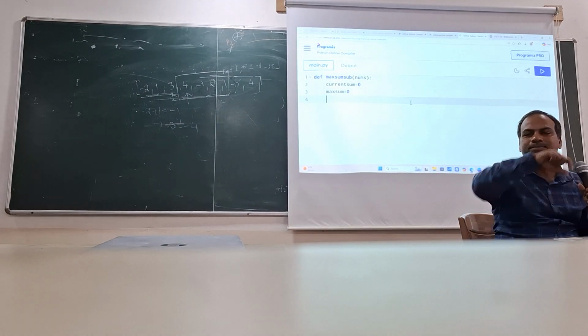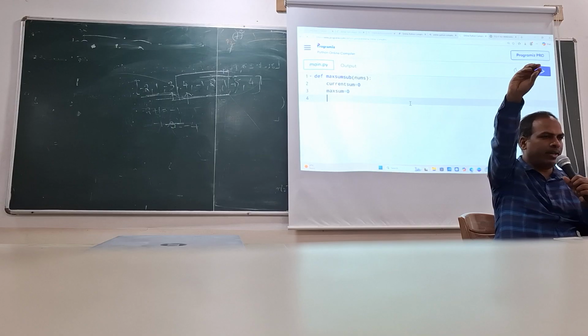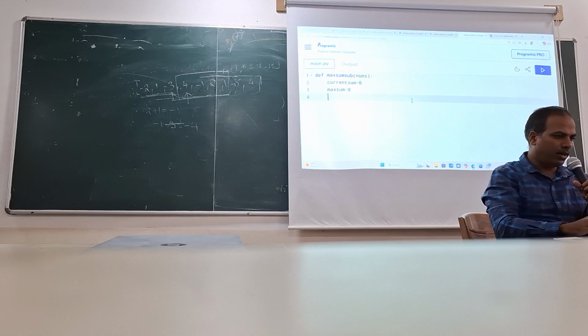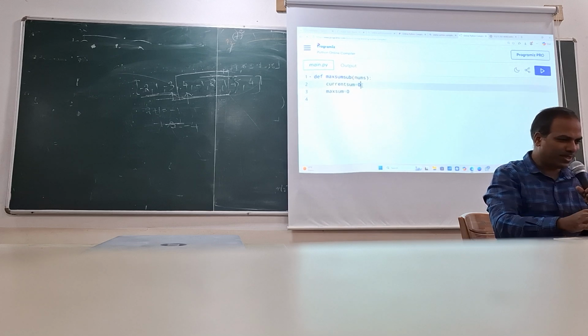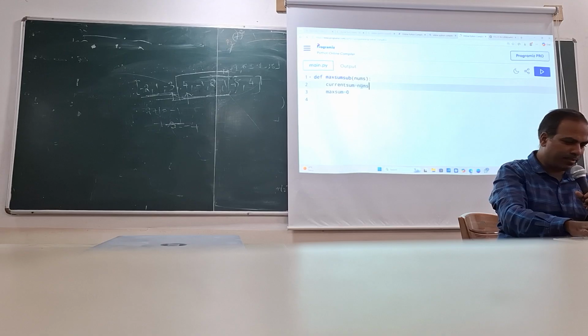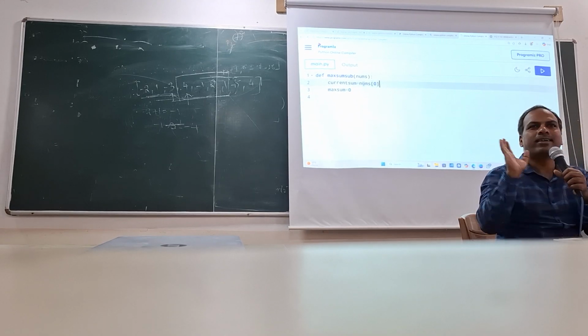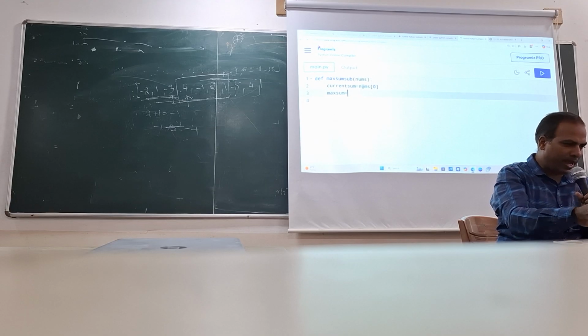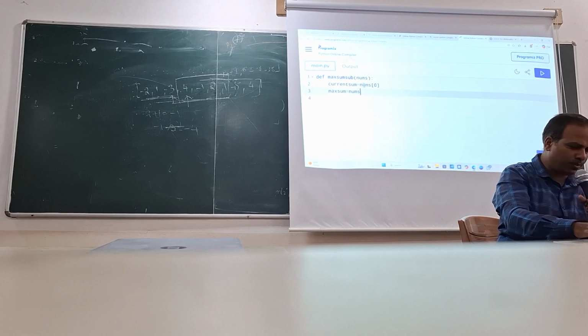Now let's see. I took two variables initially, current sum 0, and max sum also 0. I think I need not take 0. I can take it like this first. Initially, my current sum is the first element, nums of 0, and our max sum is also nums of 0.